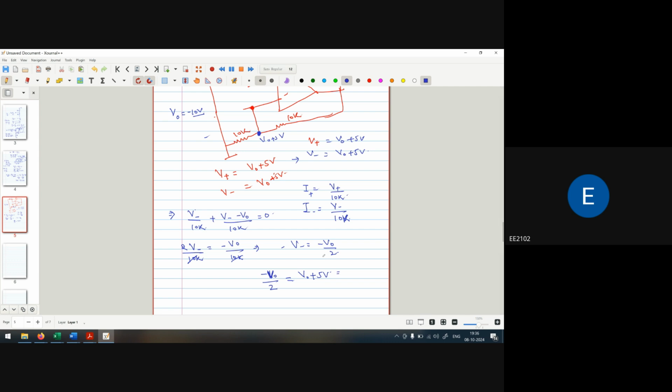Now it is V naught minus 3 V naught divided by 2 is equal to 5 volt. So V naught is equal to minus 10 by 3 volts.